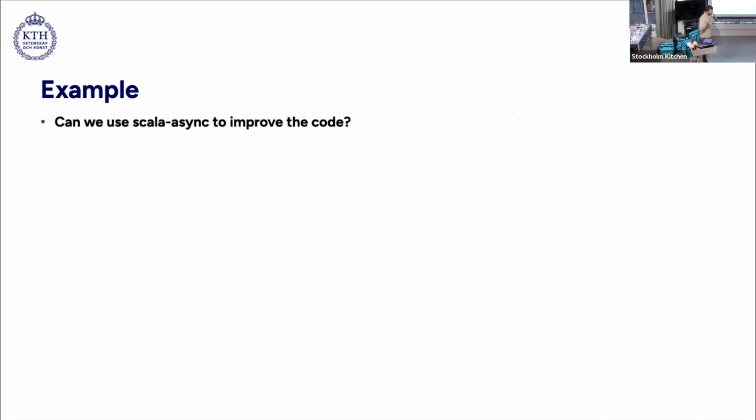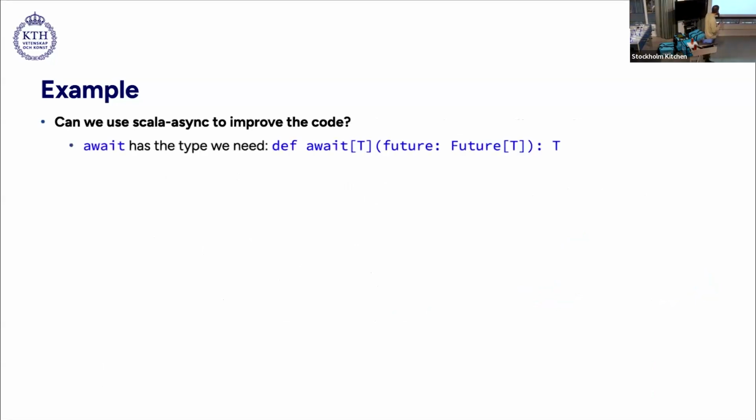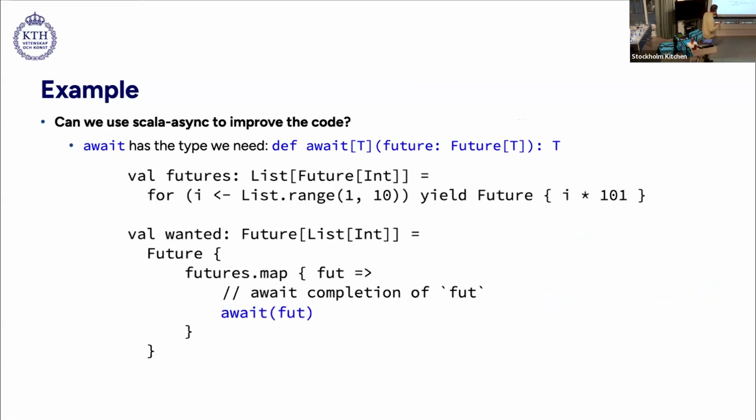Oh, sorry. Before I mention the simple way, I'm just going to explore another alternative. For example, there's the Scala async library, which has a nice method called await, where you provide a Future[T] and it returns a T. So this looks ideal, and we could try to use that.